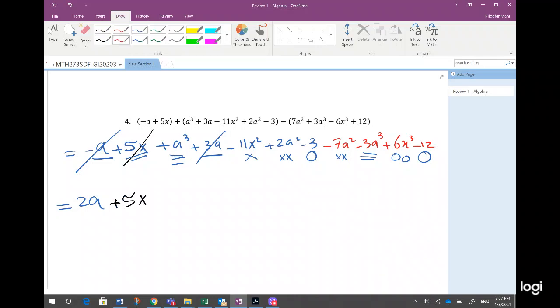A power 3 and minus, okay, so this one and this one is minus 2a cubed. Minus 11x squared. Yes, so I cross that. This one and this one I cross, so it's minus 5a squared.